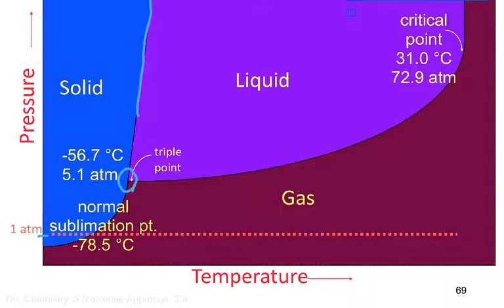And for solid carbon dioxide at room temperature, the liquid is not stable. And so if you get dry ice, it doesn't go through a liquid phase, it just sublimes at room temperature, going directly from the solid to the gas phase.